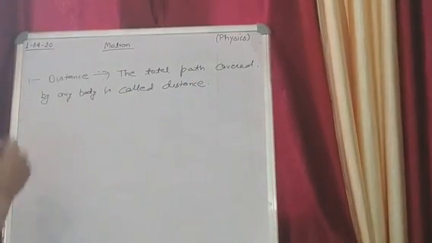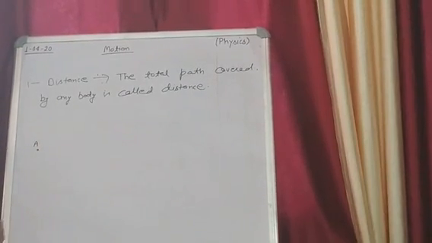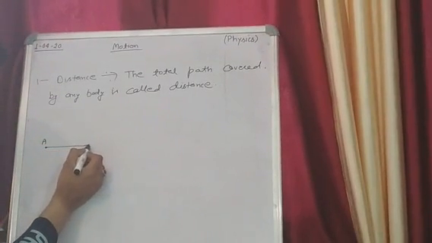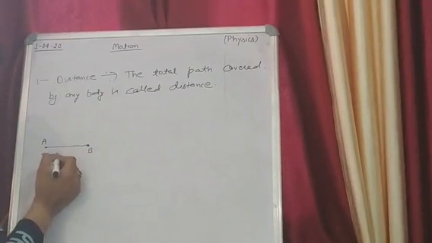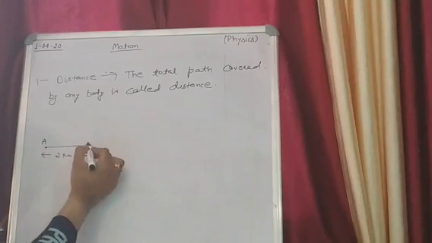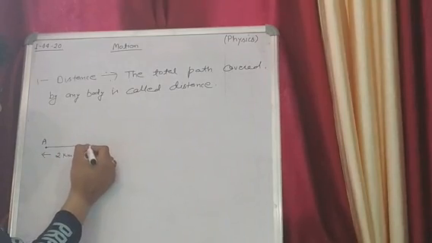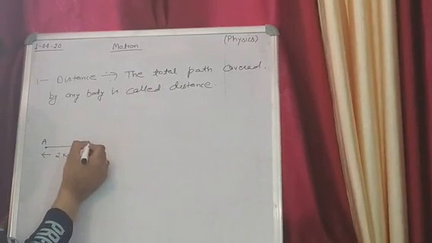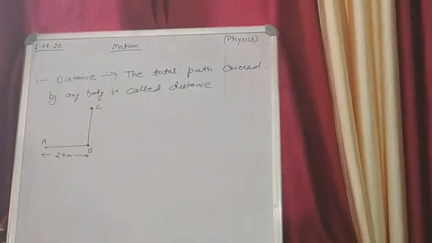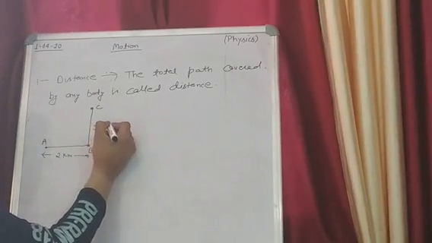Okay, let me give you an example. Suppose this is a point A, and we are going from A to B. This is total 2 km. After that, I start from B and now I am here at point C, and this is 3 km.